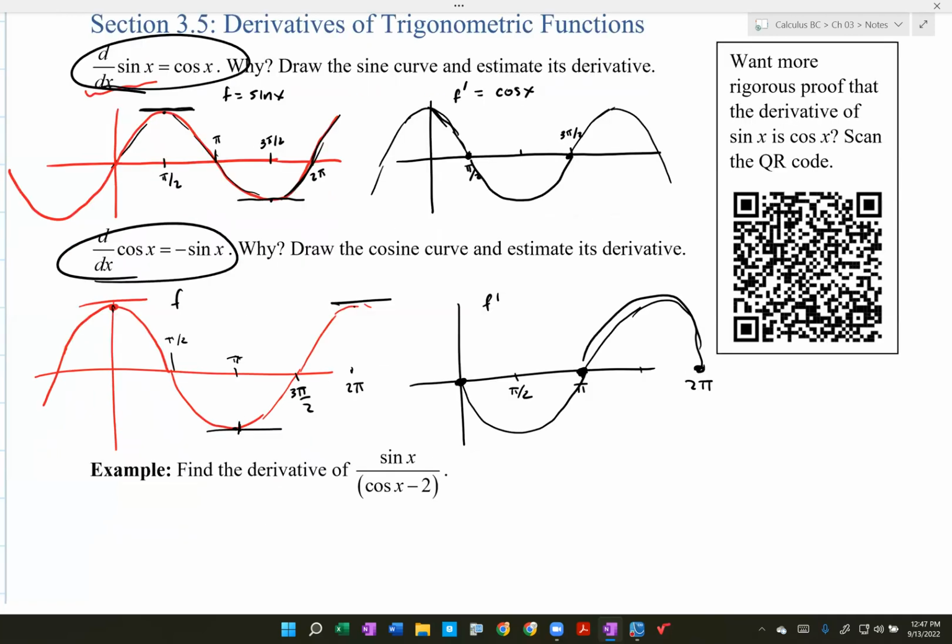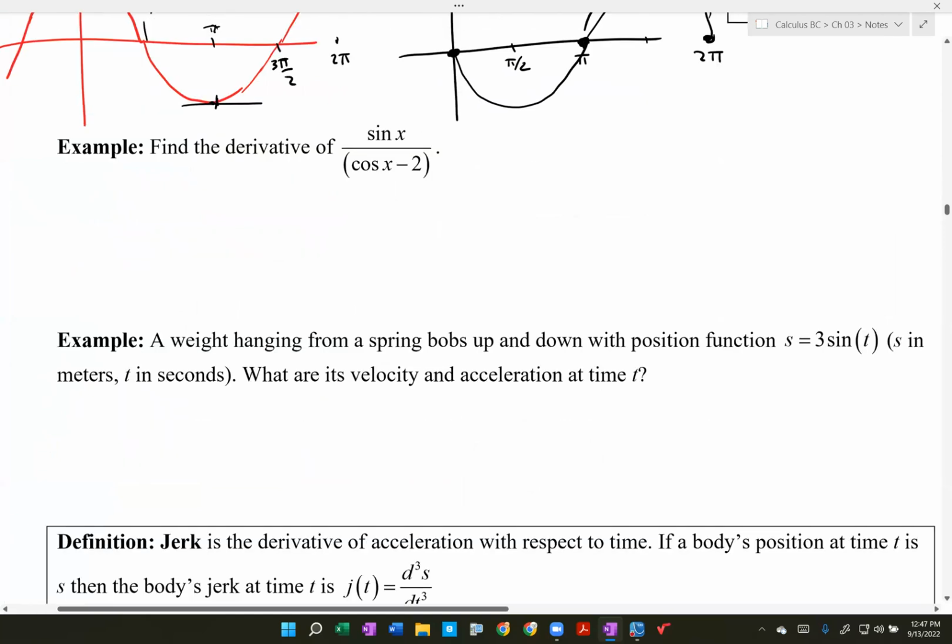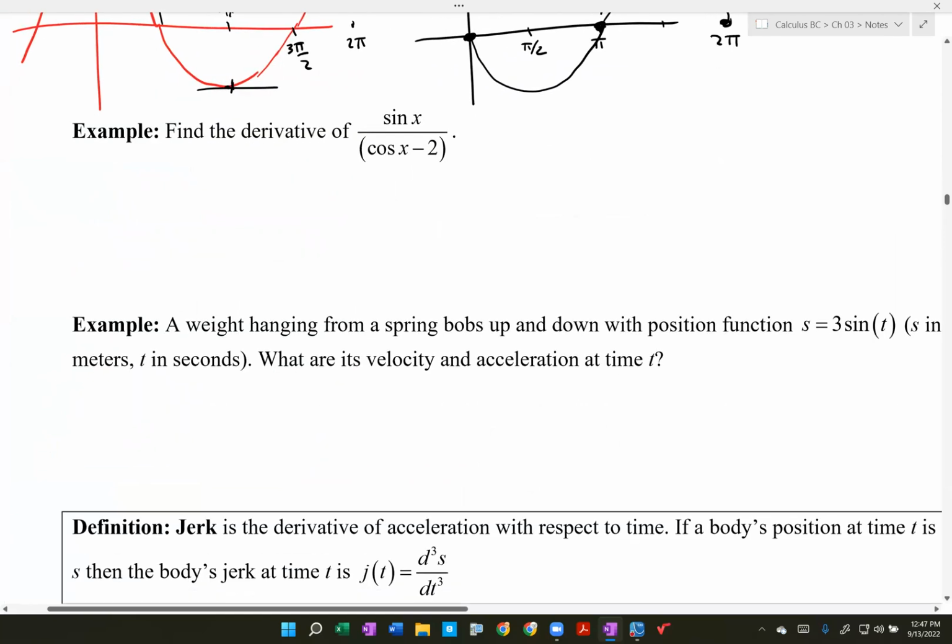All right, let's take a look at where we might use these facts. Find the derivative of this expression, which we will write as a quotient. So we have to apply the quotient rule.